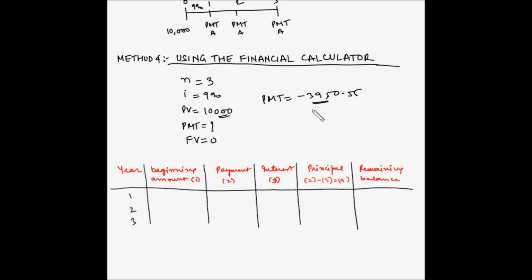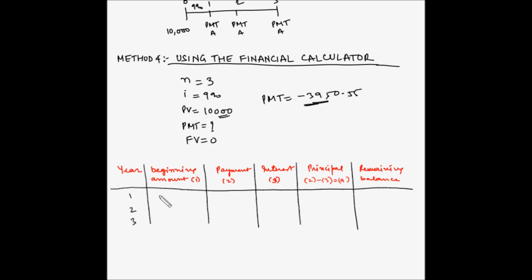While we have slight differences in the answer that we have gotten in the 4 methods, I will consider this as my final answer and use this to prepare the amortization schedule. As you can see here, this is the amortization schedule table. We have years, beginning amount, payment, interest, principal, and the remaining balance.